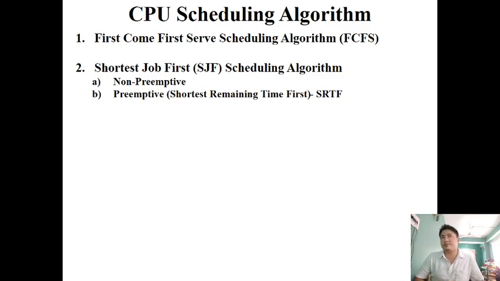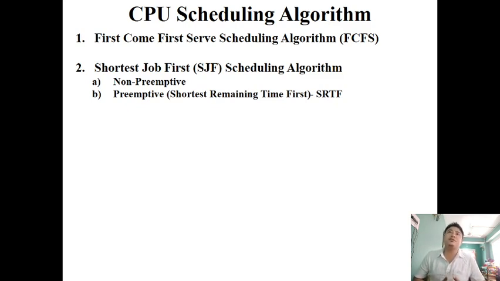Now what about the preemptive? Preemptive means when you assign a process to the CPU, there is a possibility, based on the criteria and the scenario, that the currently executing process may be forcefully stopped from executing further. In other words, the CPU will be forcefully snatched from the currently executing process.